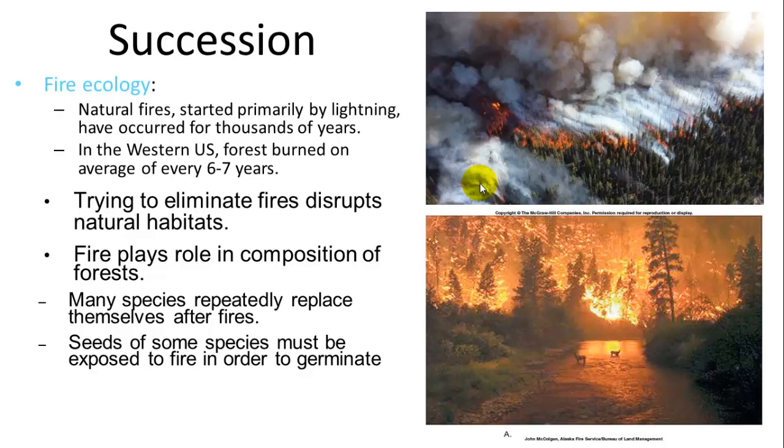The fire can burn too hot, and then this will mess up the ecosystem dynamics. If they occur too frequently, the same thing can happen, but on the opposite spectrum, where you have too many of these primary species and not enough of the later species of the climax communities.